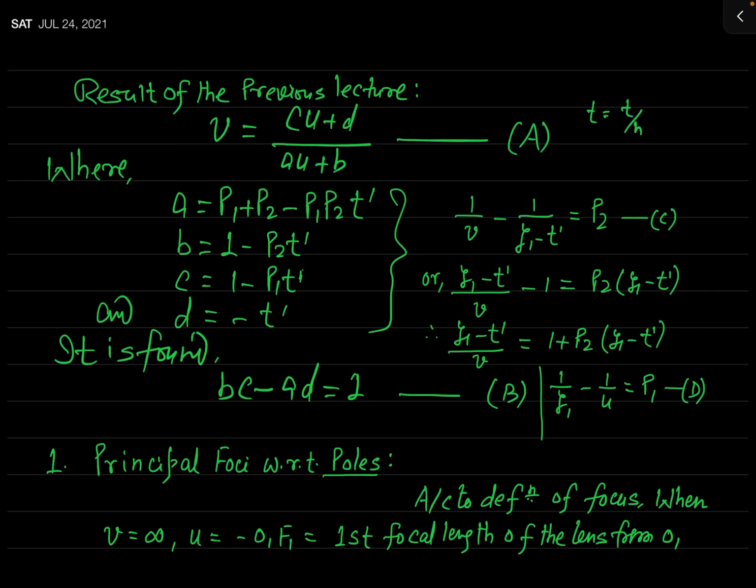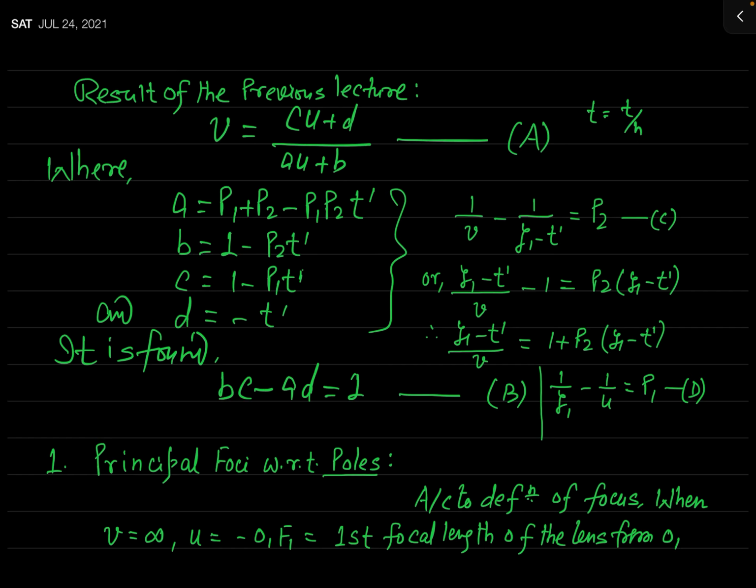We have also seen the two basic equations by applying the Gaussian formula for refraction through a curved surface: one of them was 1 over v1 minus 1 by u equal to P1, and the second was 1 over v minus 1 over (v1 minus T prime) equal to P2. These were the results which we obtained in the previous lecture.